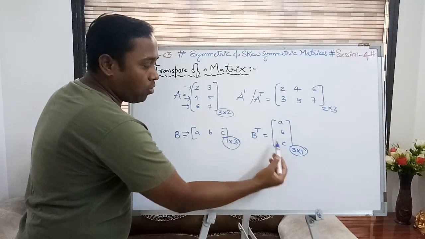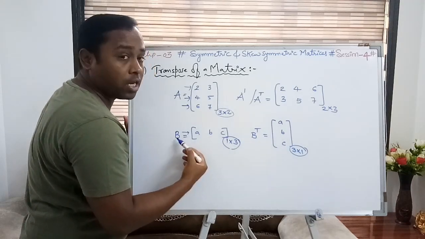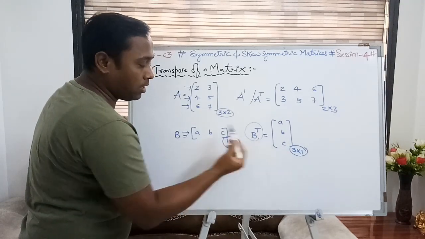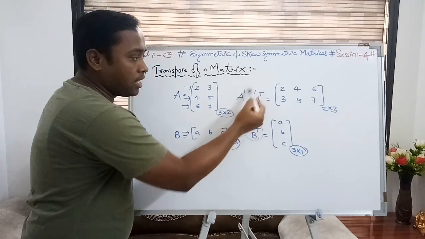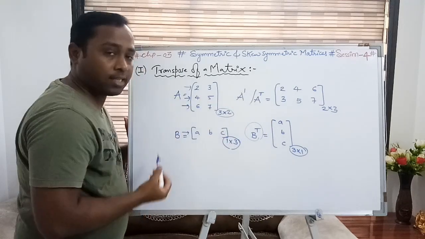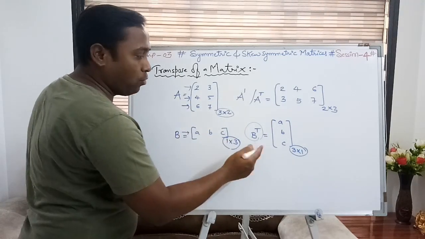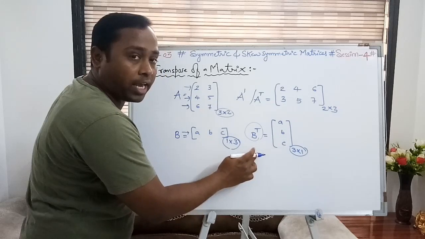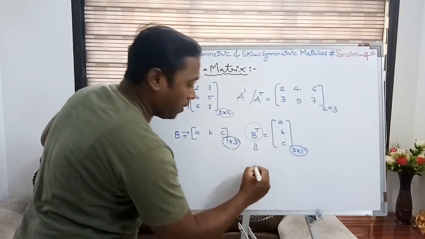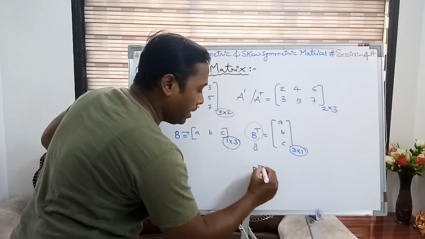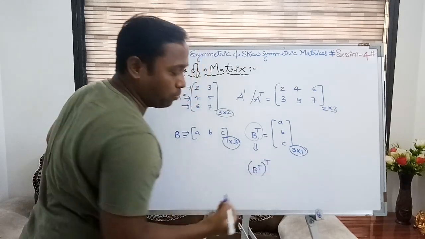Now what is the transpose of B transpose? It is nothing but the transpose of matrix B. A transpose means transpose of matrix A. So if I do the transpose of the transpose again, it means B transpose the whole transpose.